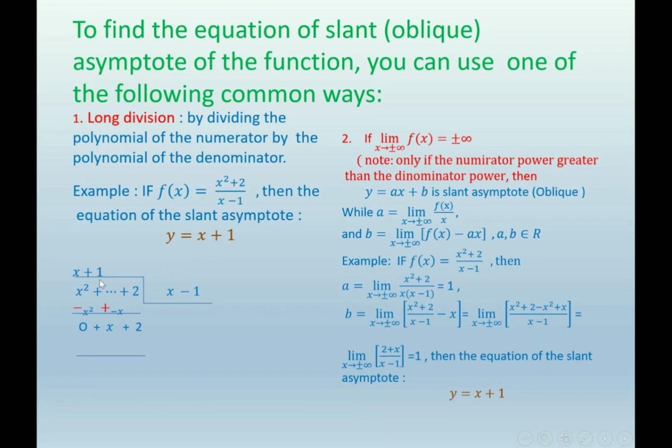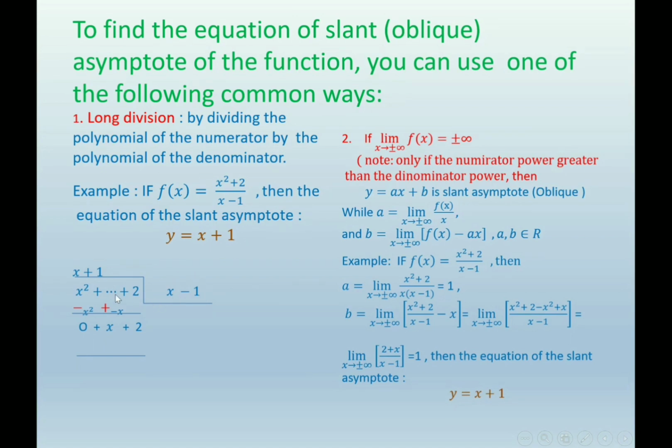Let us see how to divide. You write the numerator here, x squared plus 2. It's better to leave a space between them because there is no x term, and you have to order them descendingly: x squared plus a space for x, because it is not written, plus 2. Now write here the denominator, which is x minus 1.